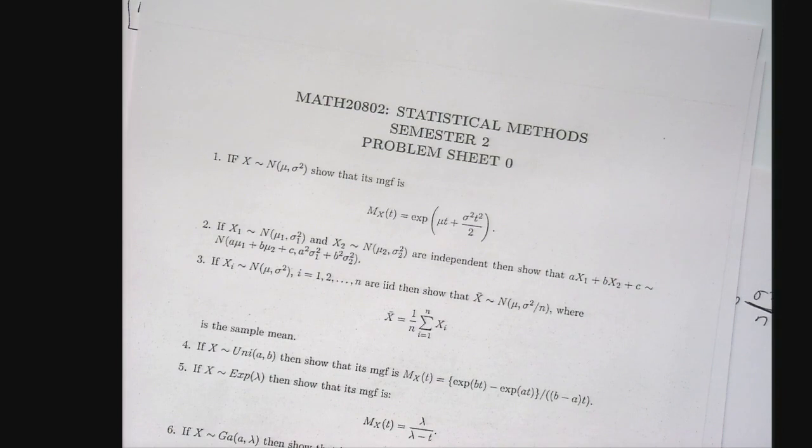I know it's embarrassing to ask this question, but anyway. To find the MGF, you just integrate from a to b of e to the tx times the PDF dx.